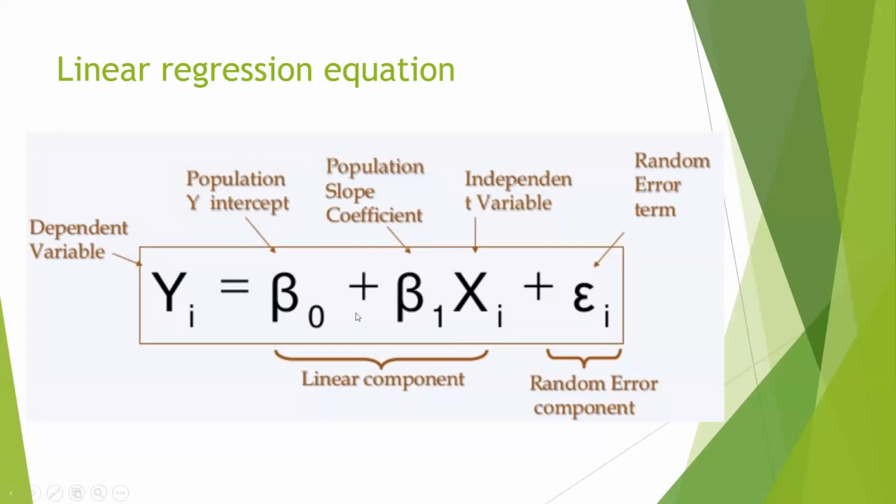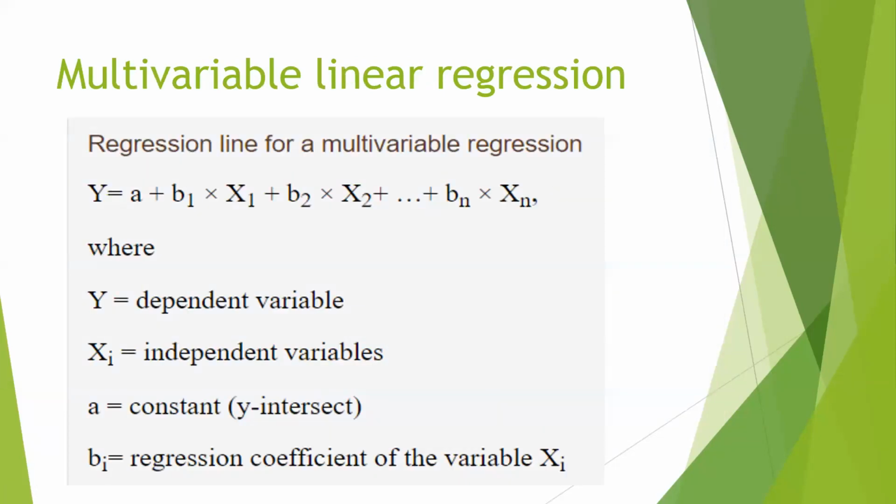A number of factors can affect whether a person is going to get affected by COVID or not. So what if we have a number of factors to include? That is known as multivariable linear regression.